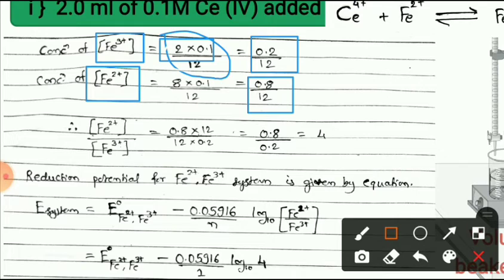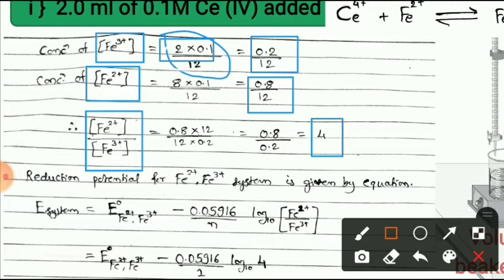Now we have the ratio of these two concentrations, Fe2 plus divided by Fe3 plus, and the ratio becomes 4.